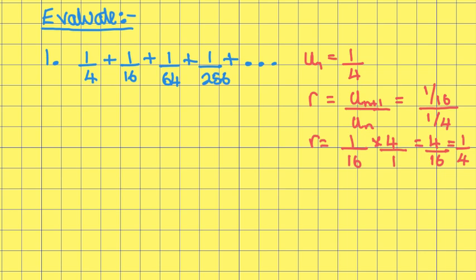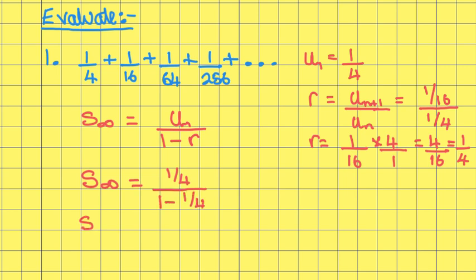Now we can use the formula. Sum to infinity is equal to u1 over 1 minus r. So the sum to infinity is equal to a quarter over 1 minus a quarter.